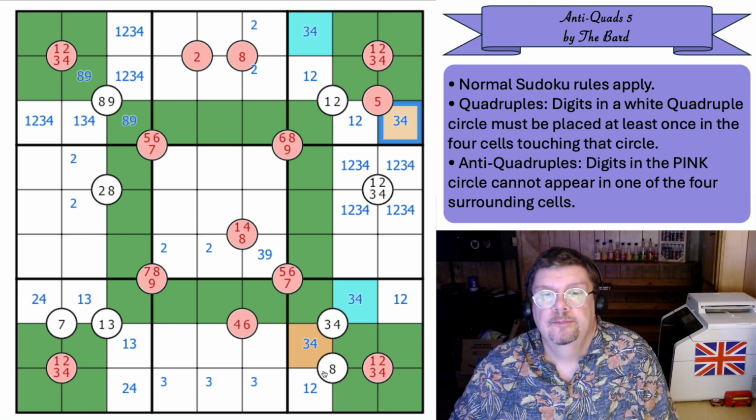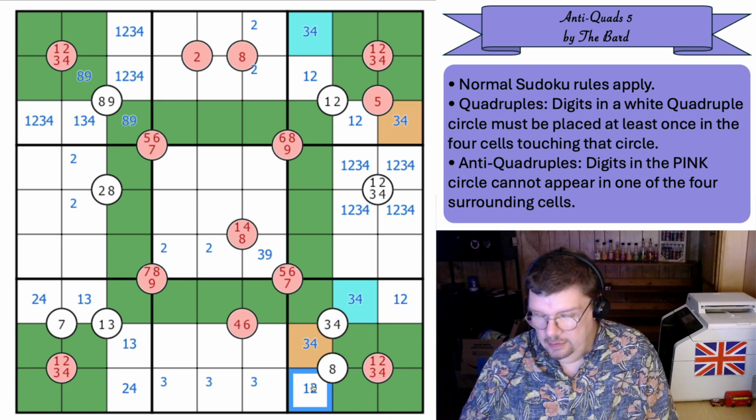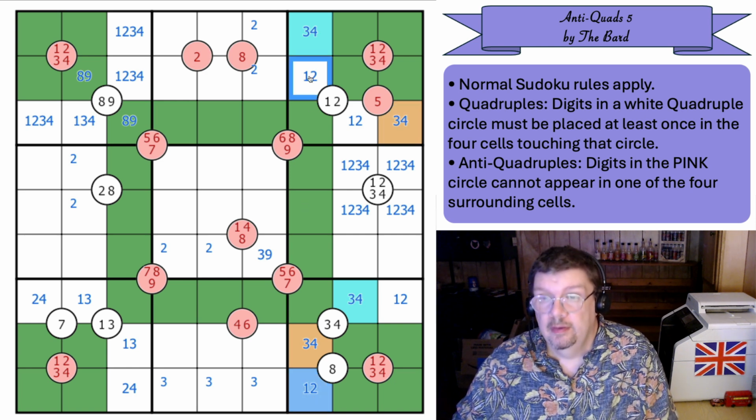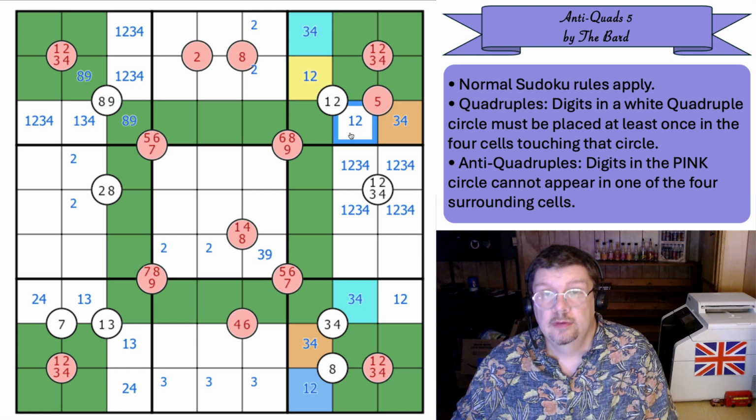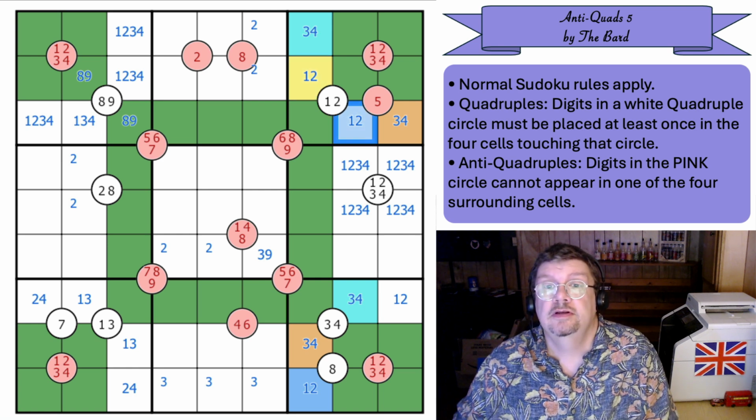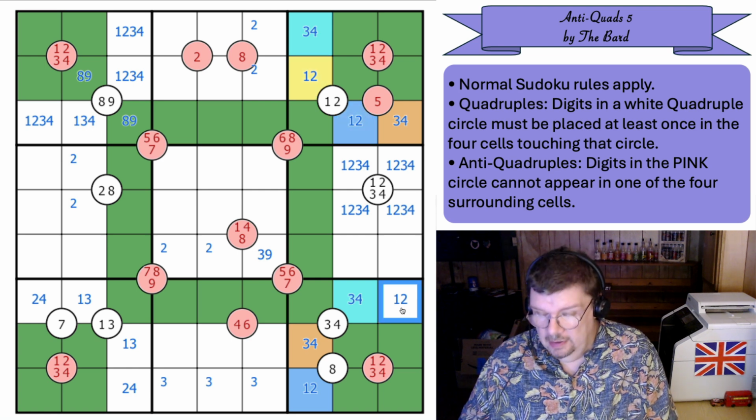See if this will help some. All right, this one I'm going to color blue. That one must be not blue, so I'll color that yellow. So that's the blue digit. That is the yellow 1 or 2.